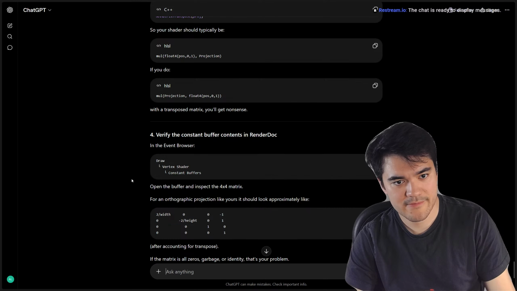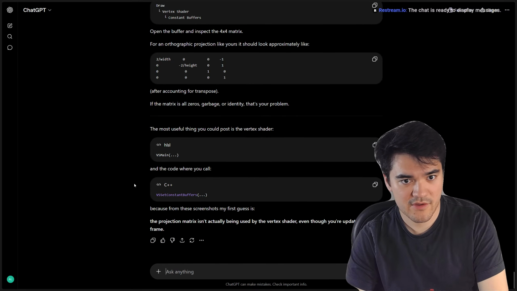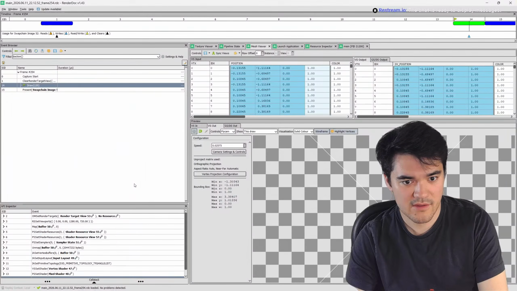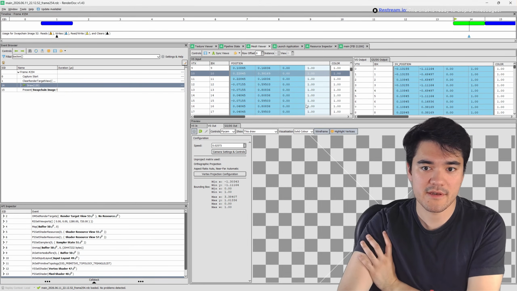I think we have confirmed that our vertex shader is doing what we think it should be doing.